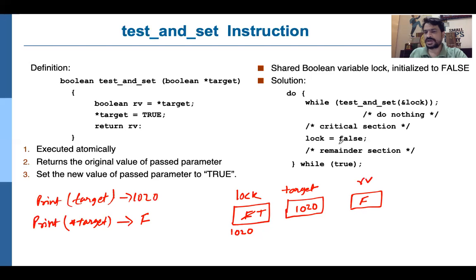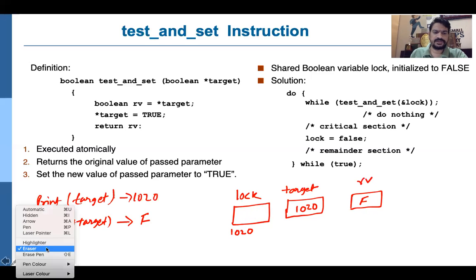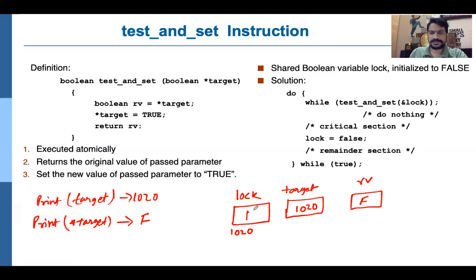The code is lock equal to false. Whatever the lock value is, we are putting false again. So I think you understood, right? This is how it is executed.